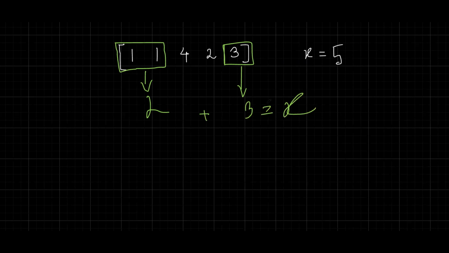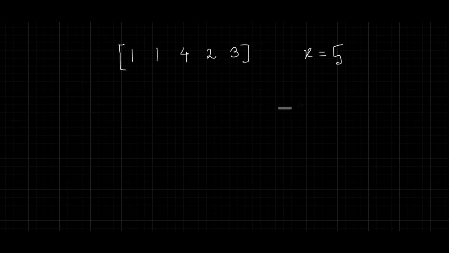Basically, we have to find two ends of the array where the prefix sum plus the suffix sum is equal to x. Now, this is the intuition. And can we solve this problem by using the sliding window technique and by utilizing this prefix sum and suffix sum concept? Yes, we can.